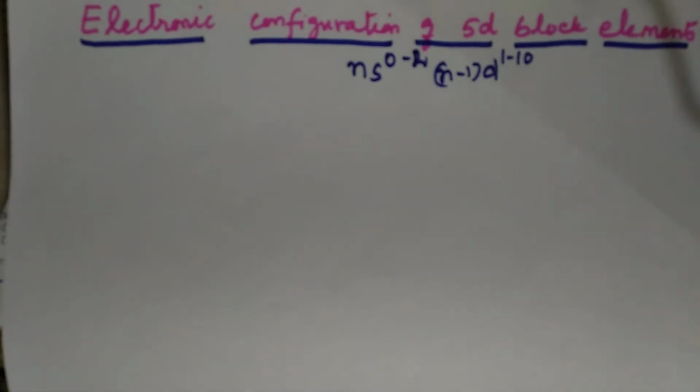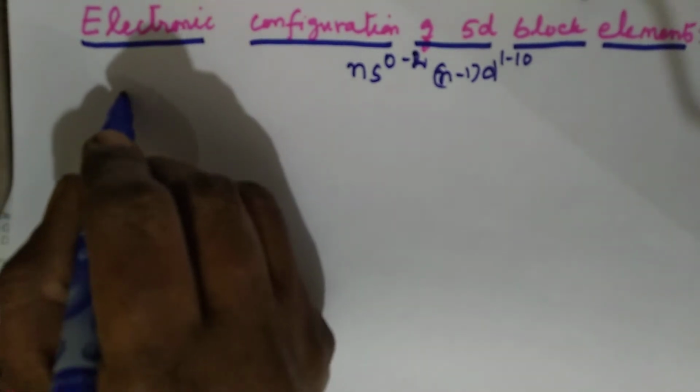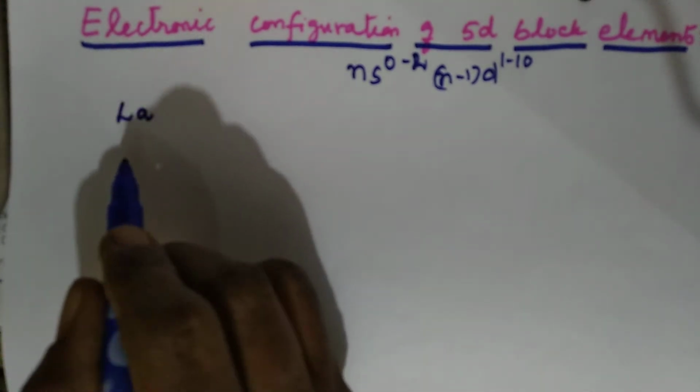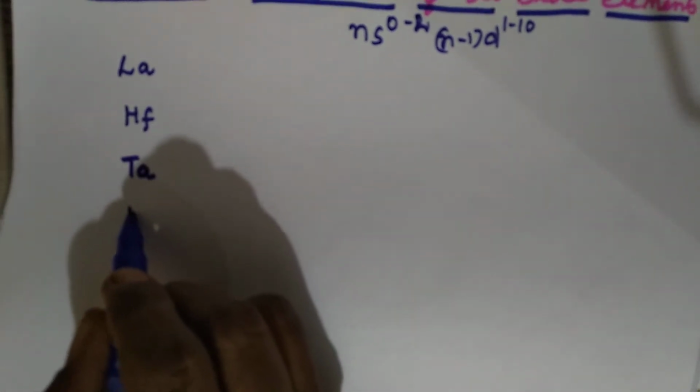Okay, let us go to writing the formulas and names of the elements. The elements are going to be lanthanum, hafnium, Hf, tantalum, Ta, wolfram, or tungsten. Normally we say it as tungsten.